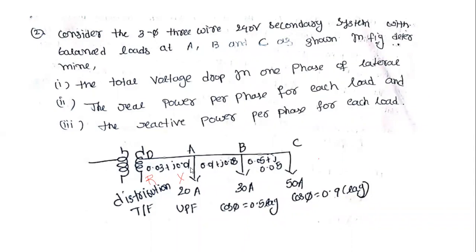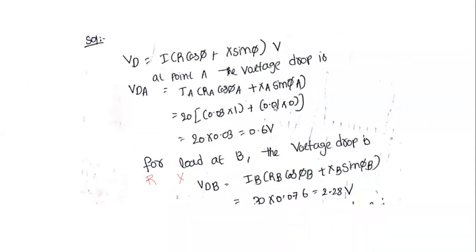That is 0.01, so X is equal to 0.01 into sin phi. What is the sin phi value? By using cos phi, we find sin phi is 0. Then we obtain the voltage drop across the D to A section, that is 0.6 volts.